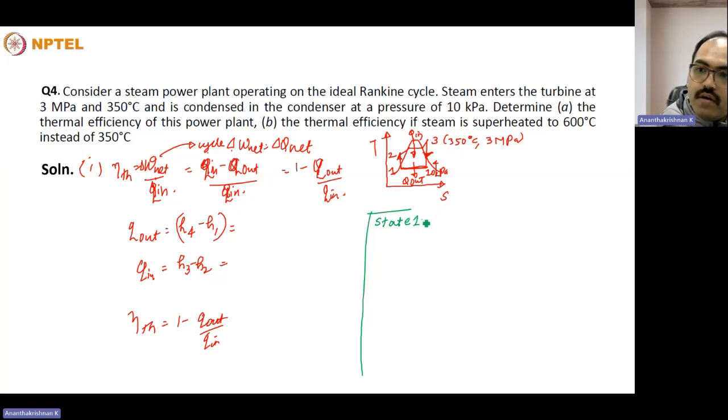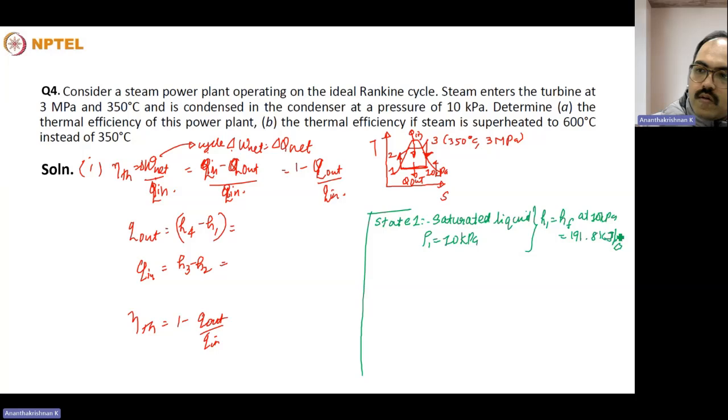So state point 1 is at the saturated liquid condition. Pressure is given as 10 kilopascal, and for that we'll get the enthalpy H1 from a steam table as the saturated fluid enthalpy at 10 kilopascal. That will be equal to 191.81 kilojoule per kilogram.